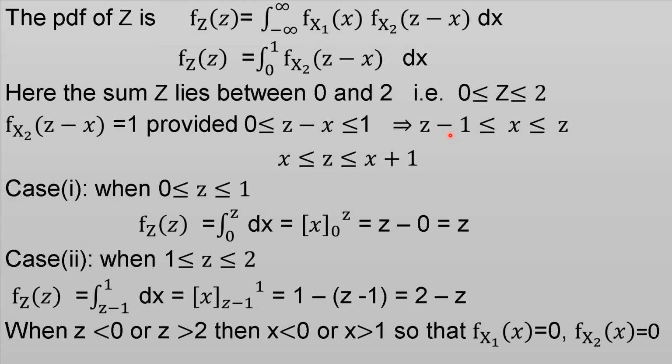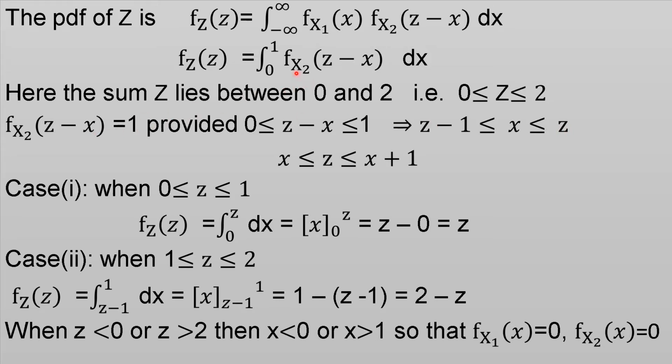Because x cannot be negative, you start with the lower limit as 0 itself. X will be from 0 to, since z is any value between 0 and 1, that x is also between 0 and 1, so the upper limit you can take as z itself.